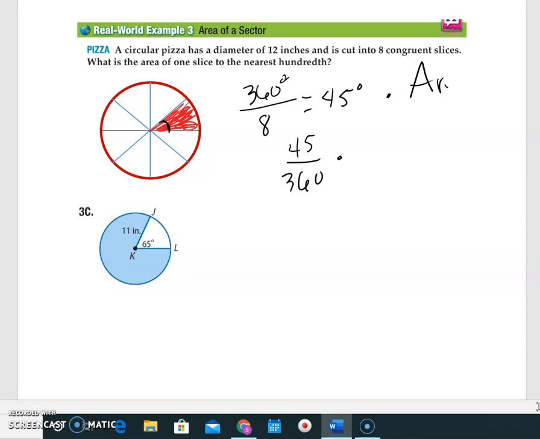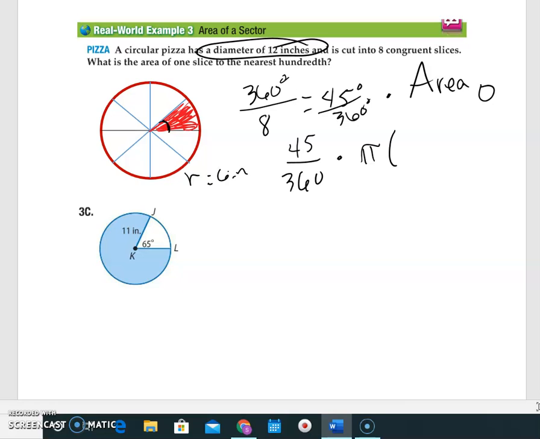So I'll say area of circle. I'm going to multiply pi. It tells me that the diameter is 12, so the radius has to be 6 inches.